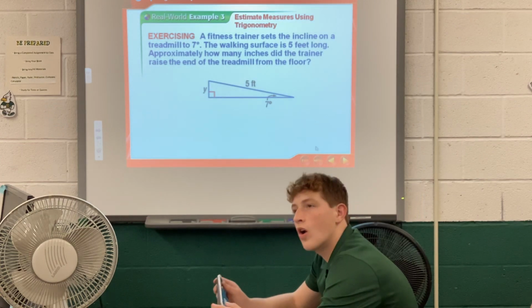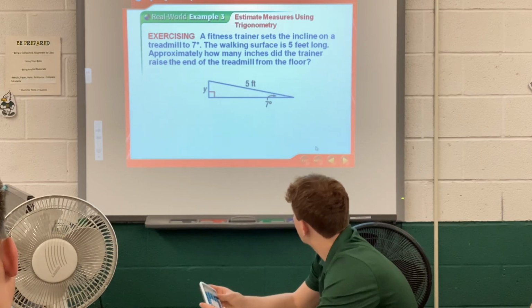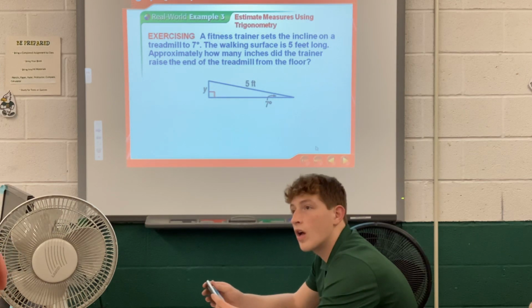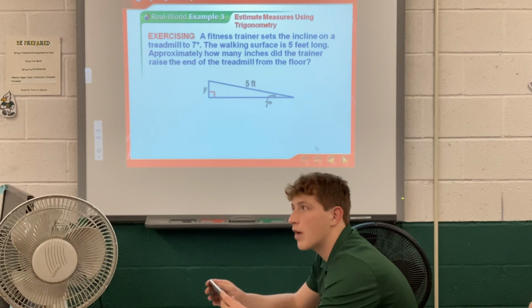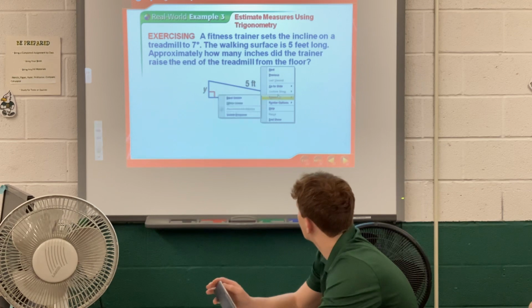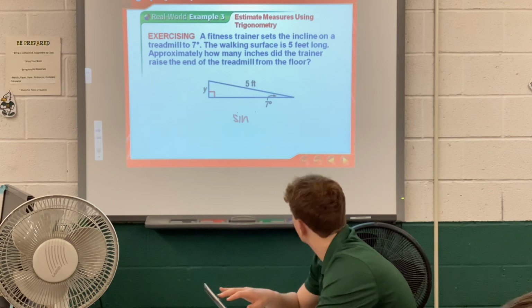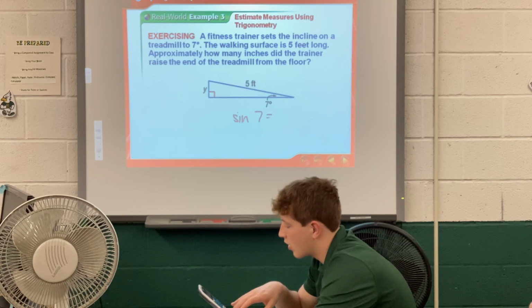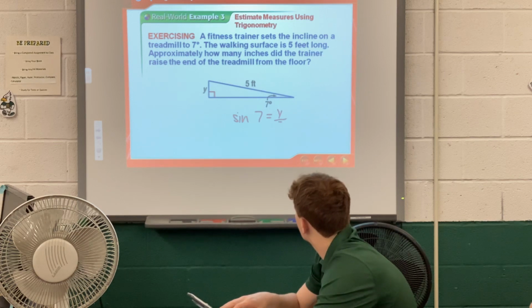What relationship do the angle that they give me and those two sides have? The sine, right? What always goes with the word sine? The degrees, right? So my answer is going to be sine of 7 degrees equal to y over 5, right?